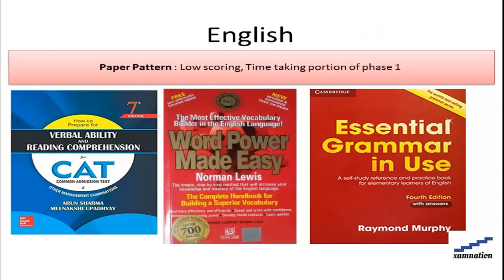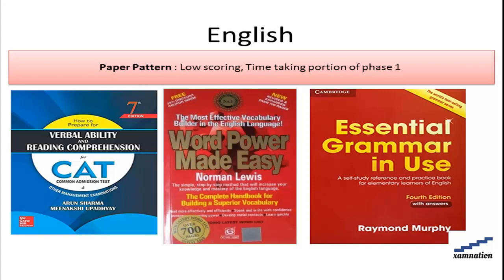So for the English part, English is divided mainly into three parts. One is vocabulary, second is grammar, and third is reading comprehension. For reading comprehension, you can follow a CAT level book, for example Arun Sharma, Meenakshi Upadhyay. For vocabulary, there is no standard book, but a general book like Norman Lewis, Word Power Made Easy can be followed.